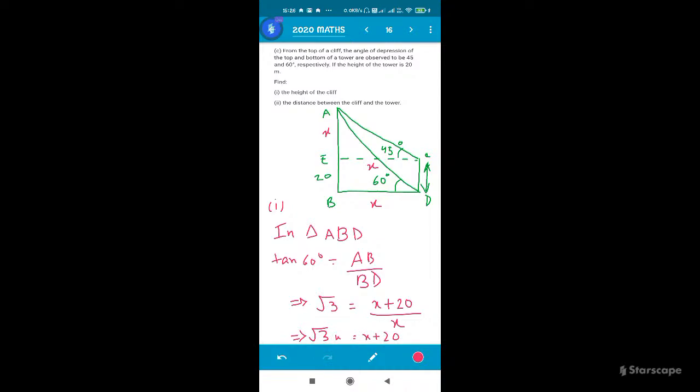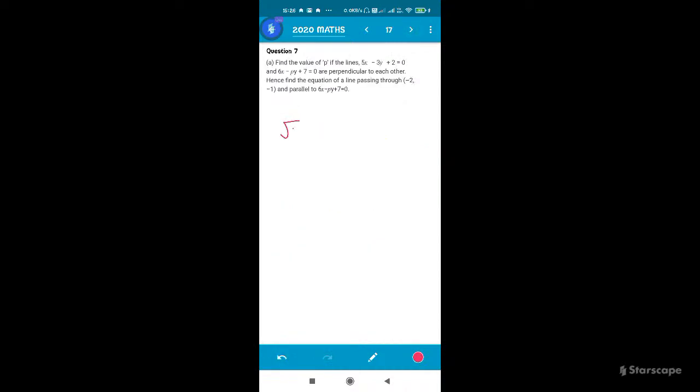So if you solve it, you will get root 3 x minus x is equal to 20. So x will be equal to 20 divided by root 3 minus 1. I guess it is clear till here. So again, we are not going to make it complicated. We are going to simply rationalize it. It makes equations much easier.